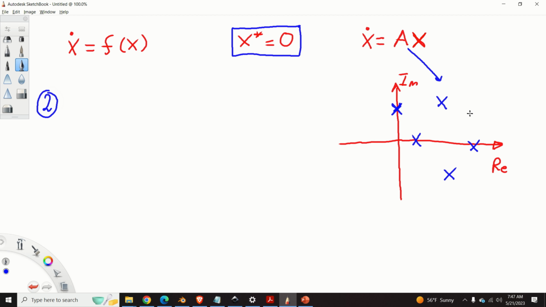However, other eigenvalues should not touch the imaginary axis. That is, we have at least one eigenvalue that does not touch the imaginary axis. Of course, you might have something like this. You might have an eigenvalue that's here and one eigenvalue that's here, and in this case, the equilibrium point of the linearized system is unstable.